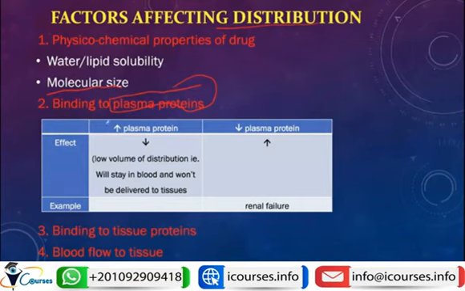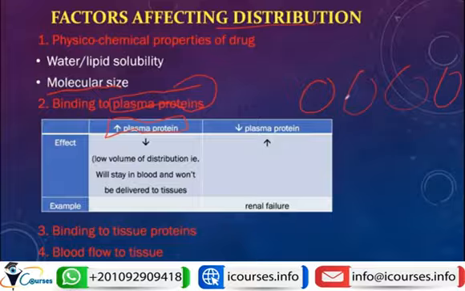So what happens if these plasma proteins are increased? If they are increased, this means that more of the drug is bound to plasma protein. Suppose that these are plasma proteins and this is the drug. The increase in the plasma protein leads to increased binding of the drug to the plasma protein.